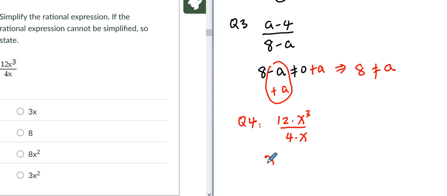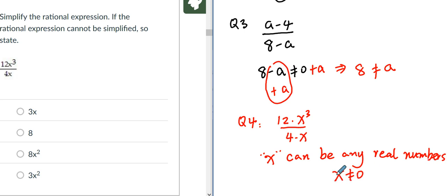Here x can be any real number. Of course, cannot be 0. Because again, denominator cannot be 0.